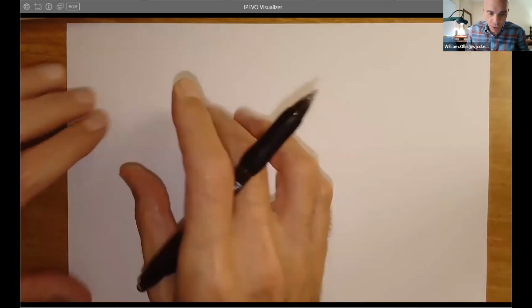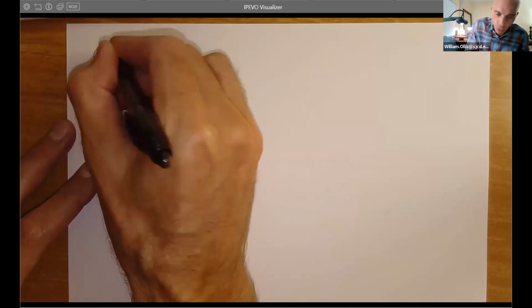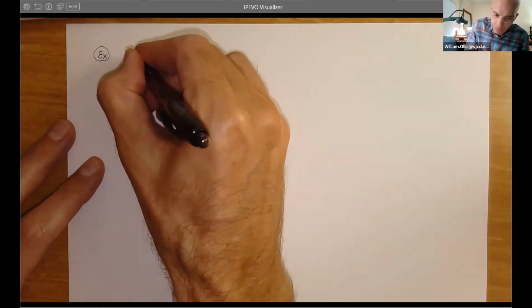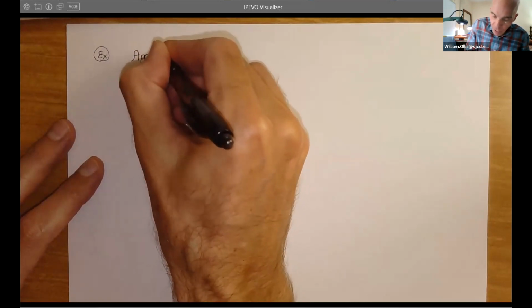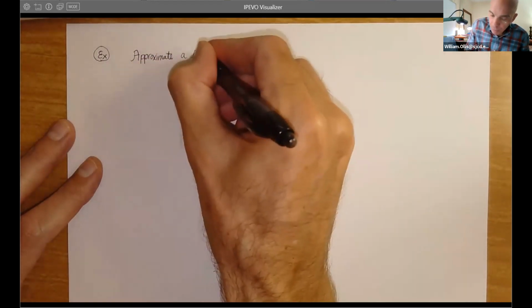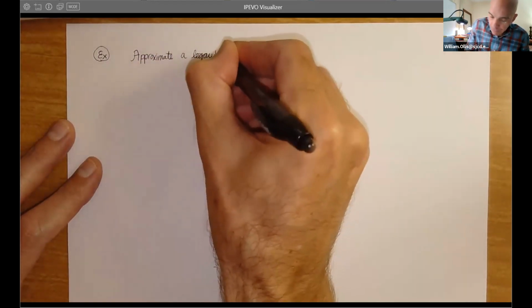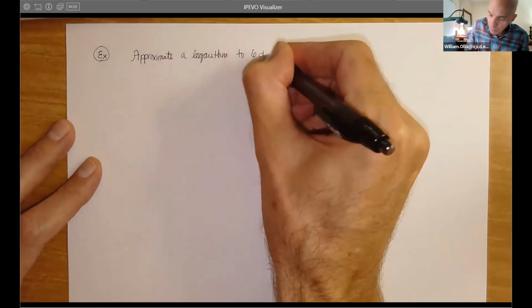Now, what I want to do is just look at a simple example. I've shown you how you can change the base theoretically, but let's just say that we want to approximate a logarithm, and this is what WebAssign says, to 6 decimals.